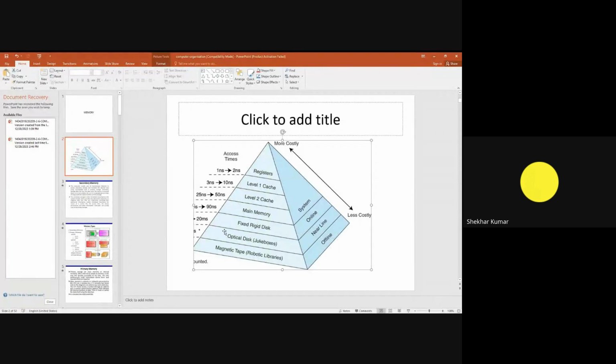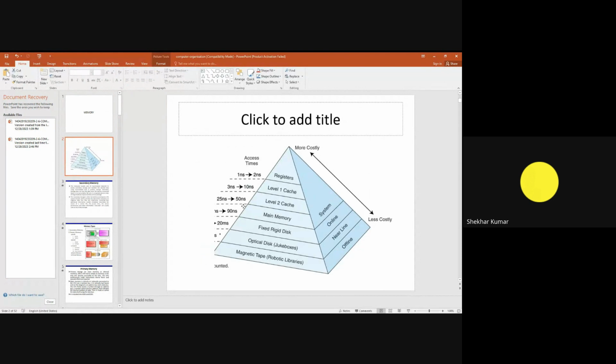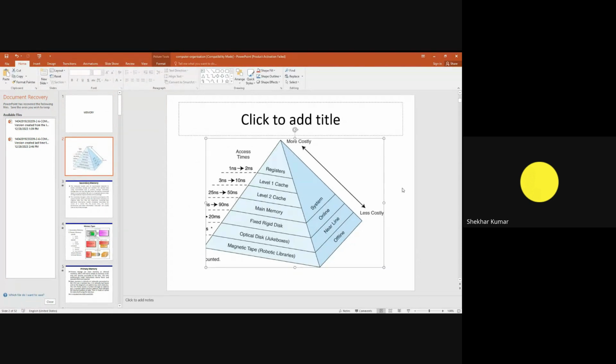In secondary storage, it increases to milliseconds. And the cost also varies. The memory level with low access time has a high cost in comparison to secondary storage, because the access rate in secondary storage is low. They are slower memory. Because the goal of the system is to reduce the time complexity.